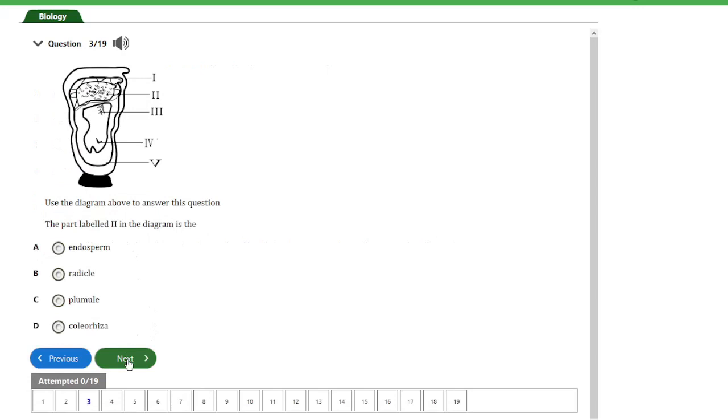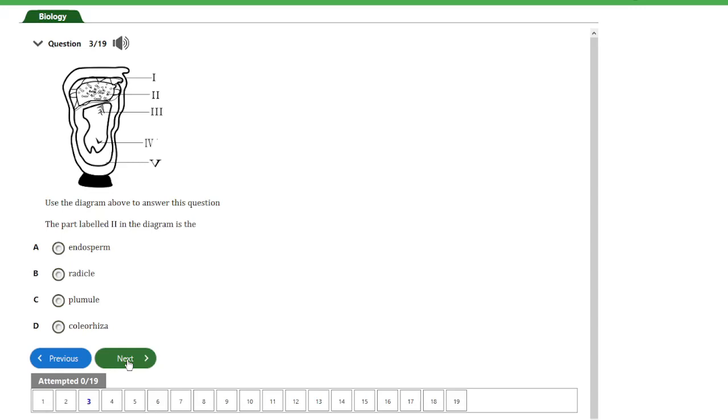That's question number 3. We have a diagram here to answer the question with, and the question says here, use the diagram above to answer the question. The part labeled II in the diagram is the A. endosperm, B. radicle, C. plumule, and D. coleorhiza. So guys, the answer to this question is option A, and that's the endosperm.